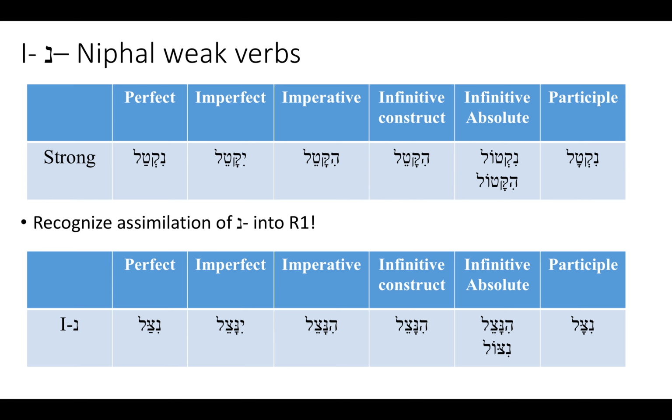So there, that nun has assimilated into the tzadi, and the same thing with the participle as well, which also has a nun assimilated from the root of the verb. Generally, most of these look very similar if you look at the top row with the strong forms and then the bottom row. Not too many differences here.